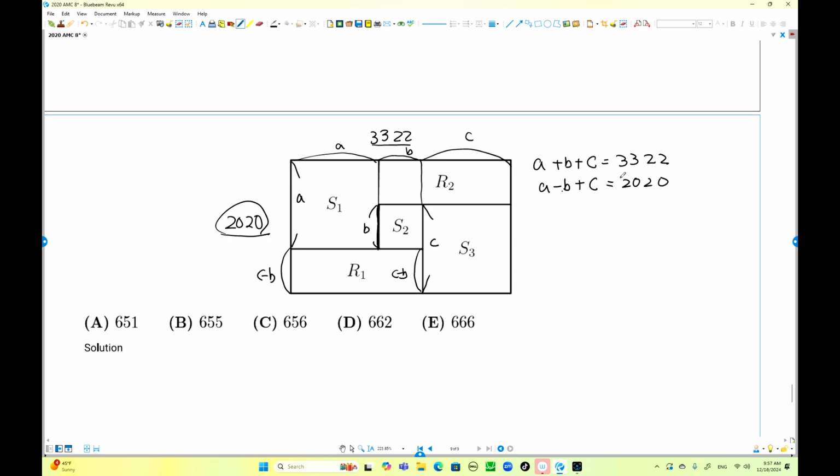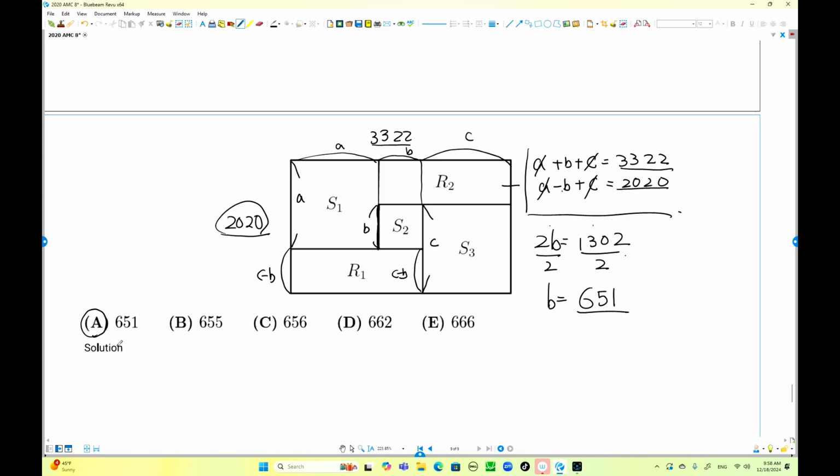We have three variables with two equations, so we cannot solve for each separately. But from here we get the value of B directly. How? 1302, and when you divide by 2, B equals 651. That is the answer. Option A is the answer.